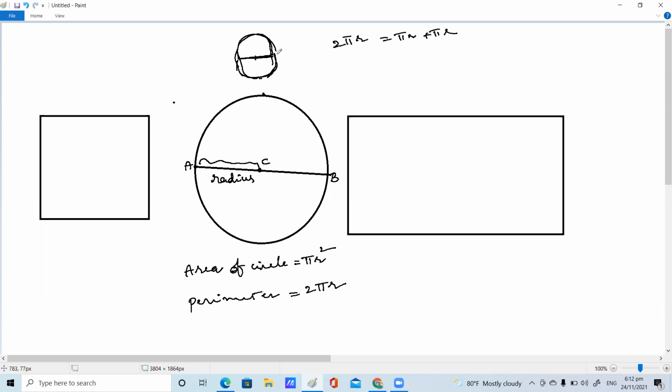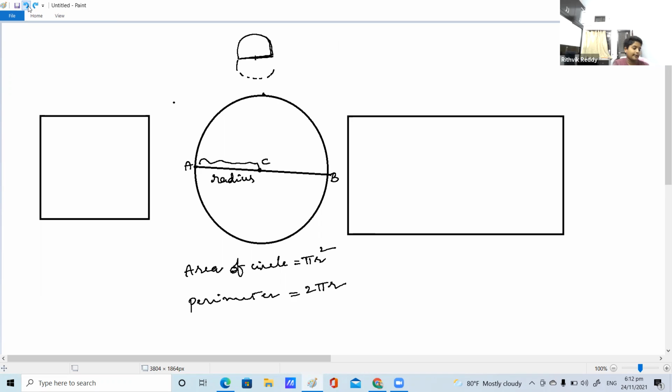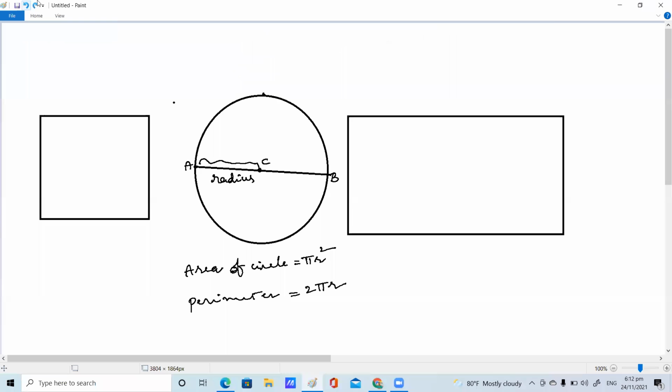But we are not calculating the radius, right, children? Except for the radius, they won't give anything.